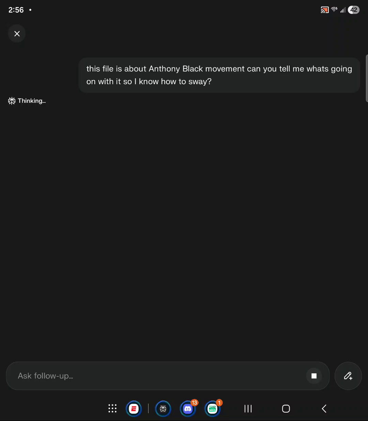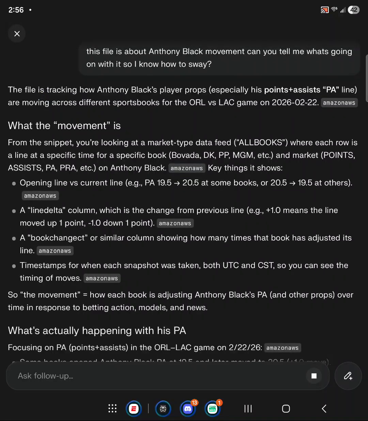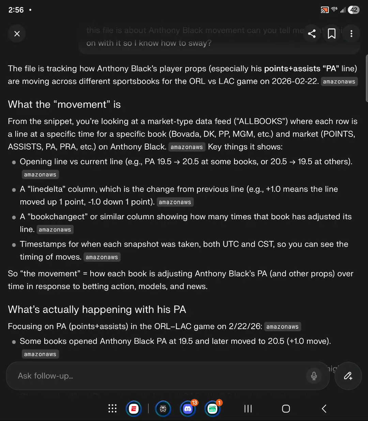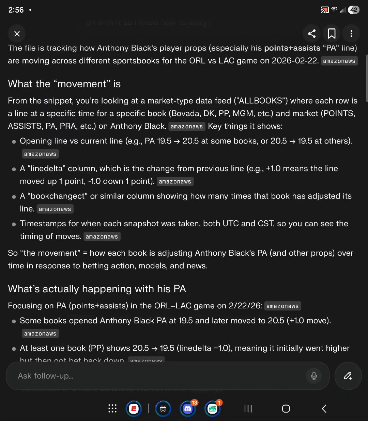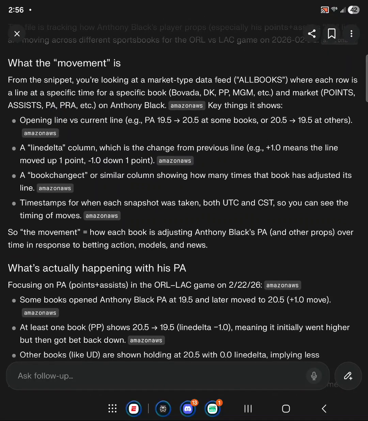So I'm going to let it read it and tell me, and let's see what it says. So basically, it says open line versus current line. It went from 19.5 to 20.5. Some books went 20.5 to 19.5. So that doesn't say that the market moved up.